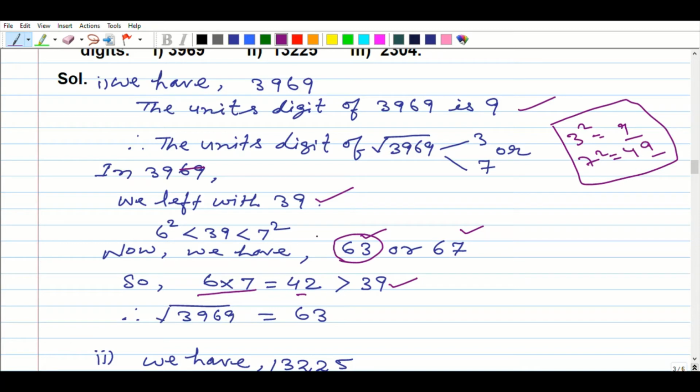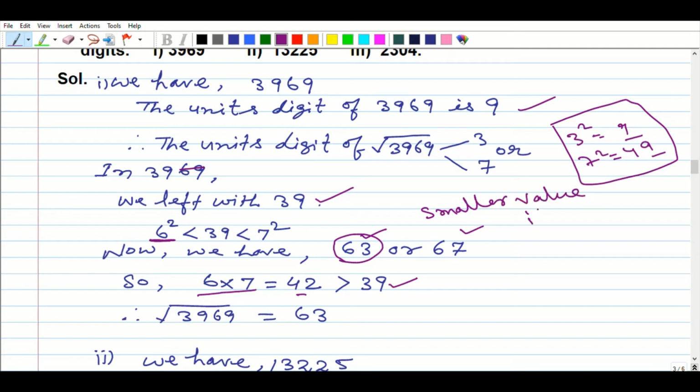One thing I forgot. So here the 39 lies between 6 square and 7 square. Always you take the smallest. 6 is smaller than 7, so we will take 6 as the smaller value.